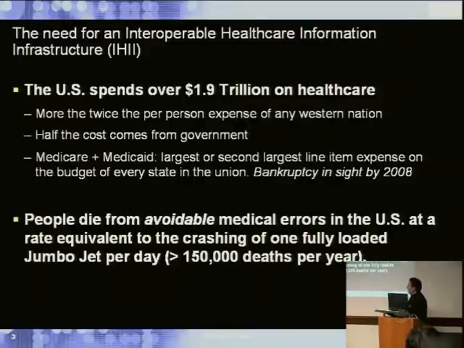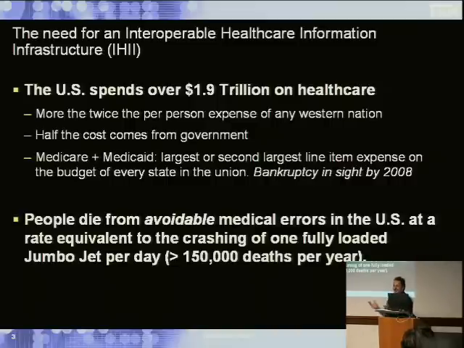We got into this field of healthcare in IBM Research really looking at clinical care and the need for electronic health records. As many of you know, the US spends now over $2 trillion on healthcare. That's more than twice the per person cost of any Western nation. And half of that cost today comes from government.